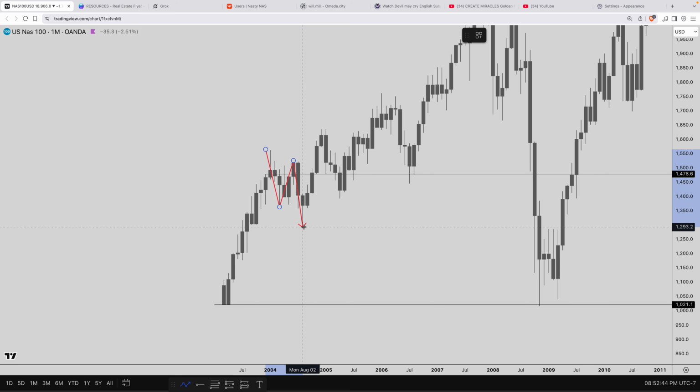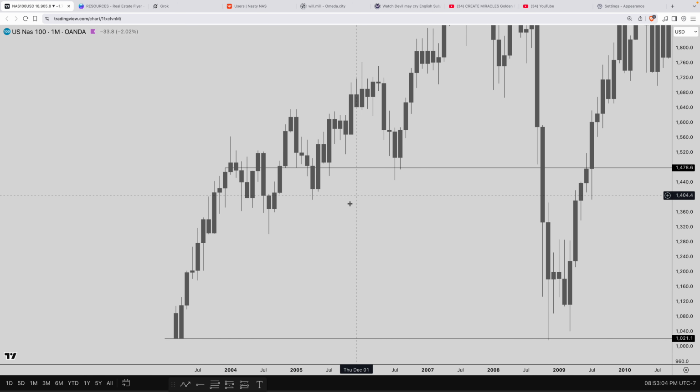And then step 2 is the sweep of liquidity. Step 3 is that break of structure, right? And then step 4 is the retest. Boom. That's essentially Wyckoff. And this is on the monthly.